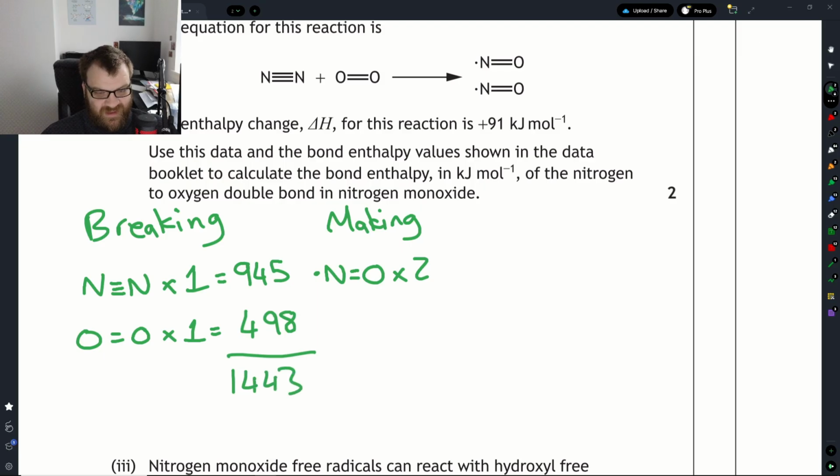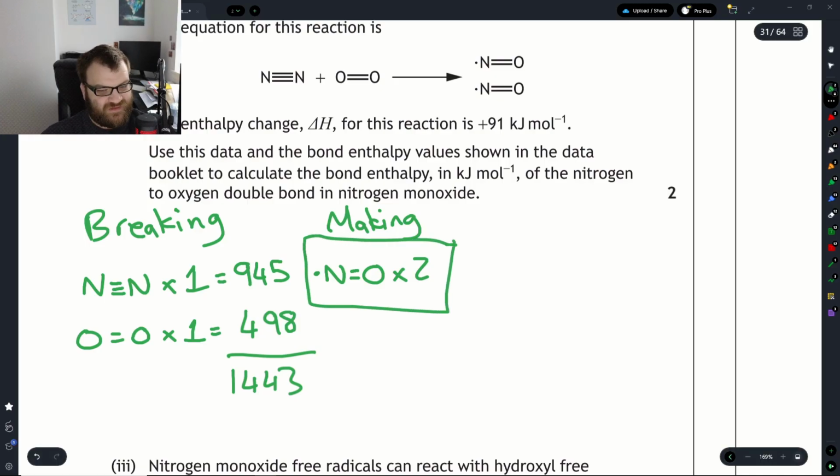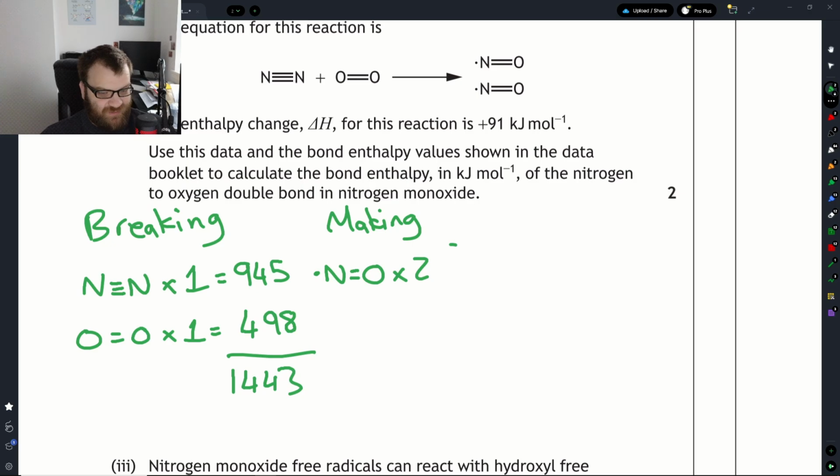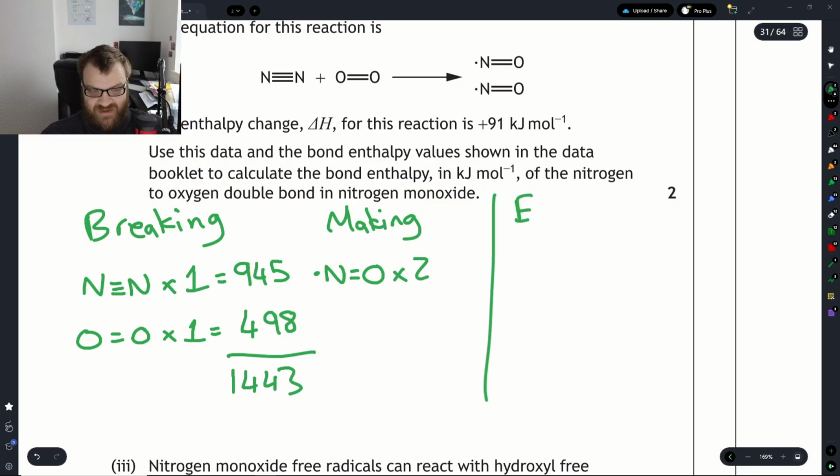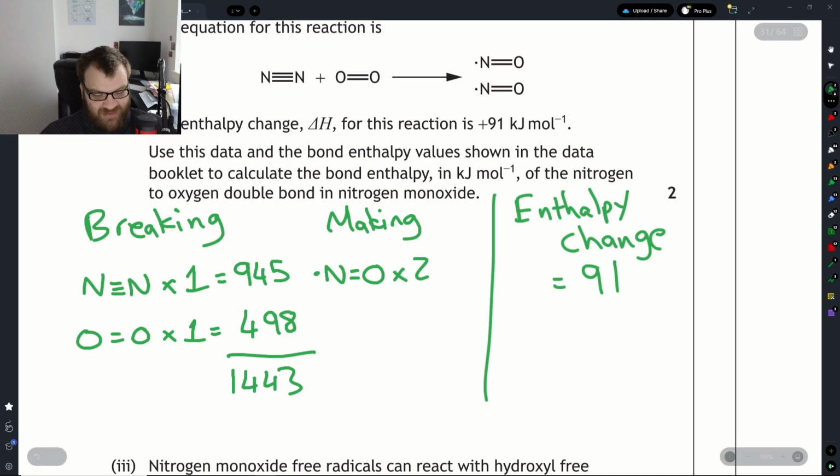When it comes to the making bonds, well, I know that I've got 2 times whatever that value is, which is what we're actually going to be working out. And on the far side, well, the difference, so the enthalpy change is the difference between those 2 values. We are told that goes to 1. The way that I would tend to do these ones is, well, breaking a bond requires energy.